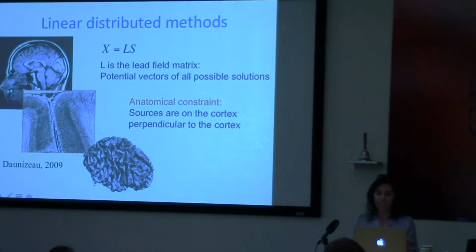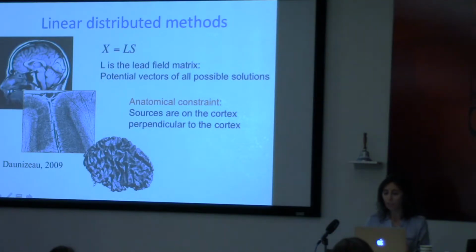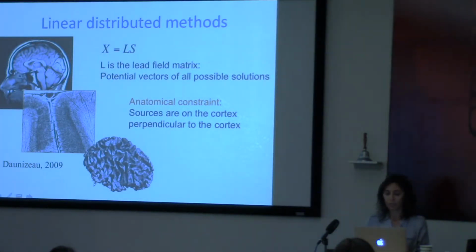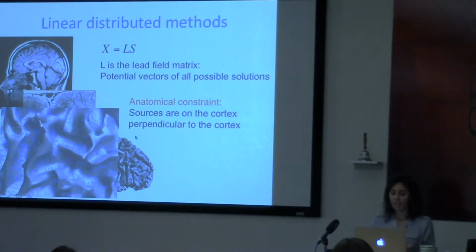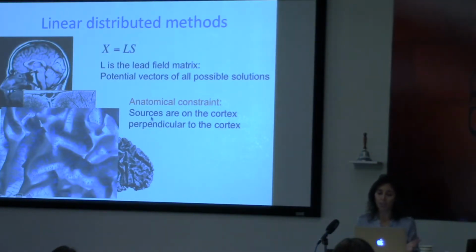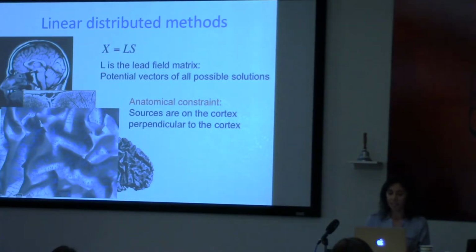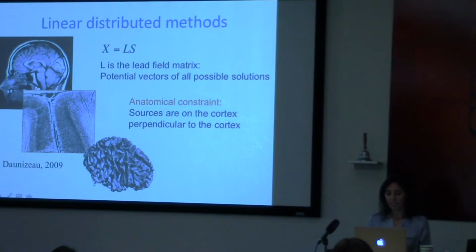On the other hand, the linear distributed methods represent the whole cortical volume with dipoles. The sources are on the cortex and perpendicular to the cortex, and as we can see here, the lining of the sources on the MRI slice.